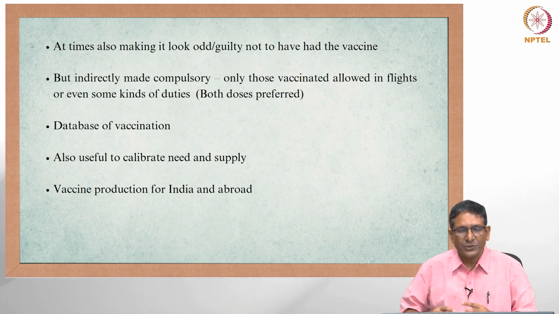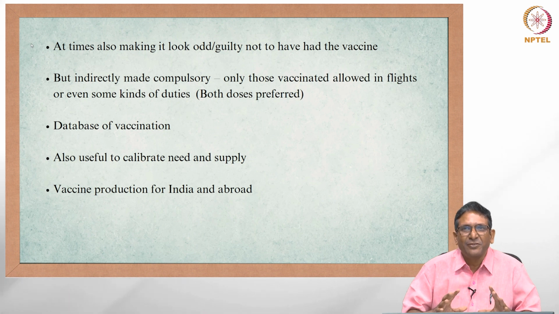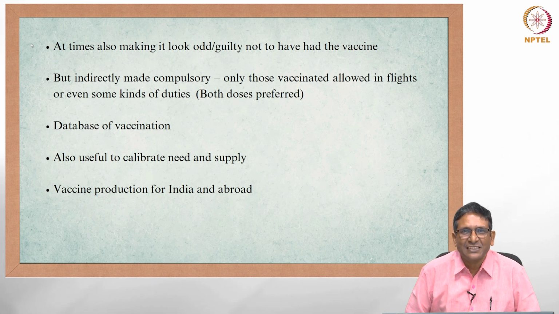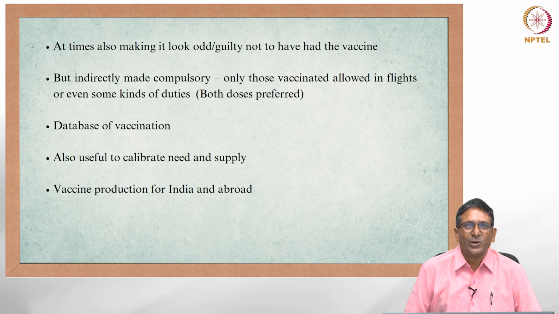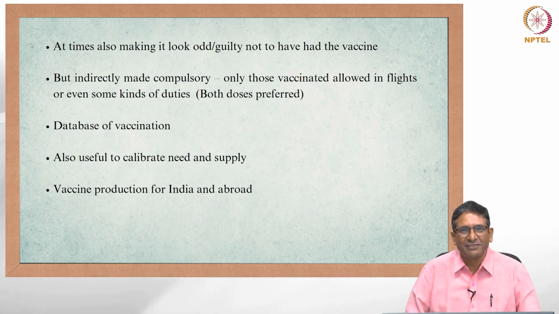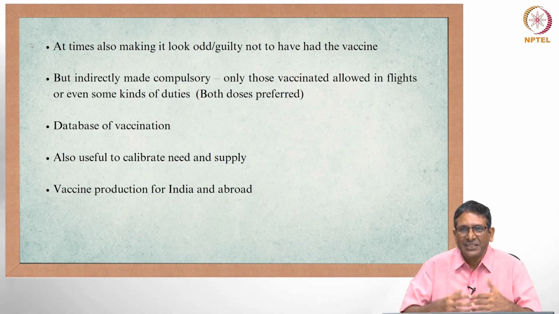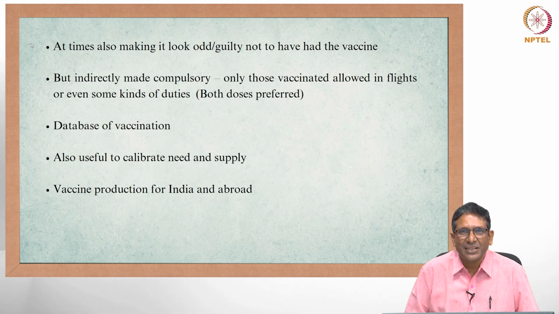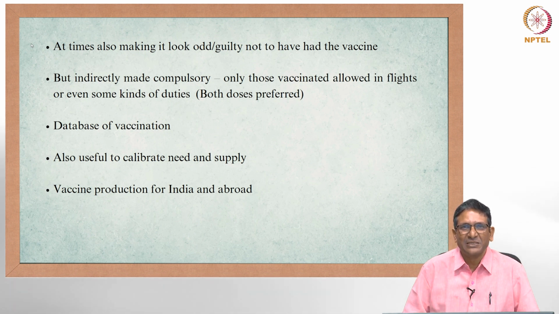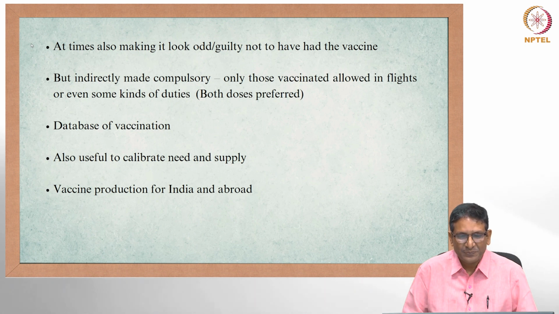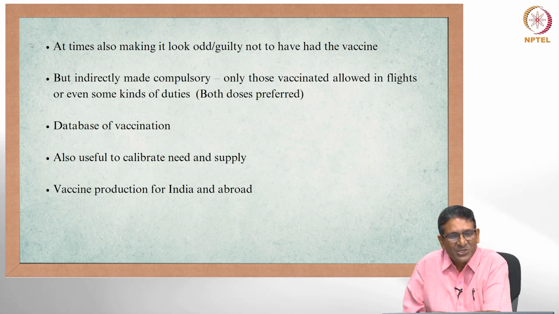Though it was not made compulsory, people were made to feel somewhat awkward and odd if they were not vaccinated, because everyone was getting vaccinated. Even when the public health officials came home, if you said no, they would indirectly make you feel that something is wrong and you are on the wrong side.